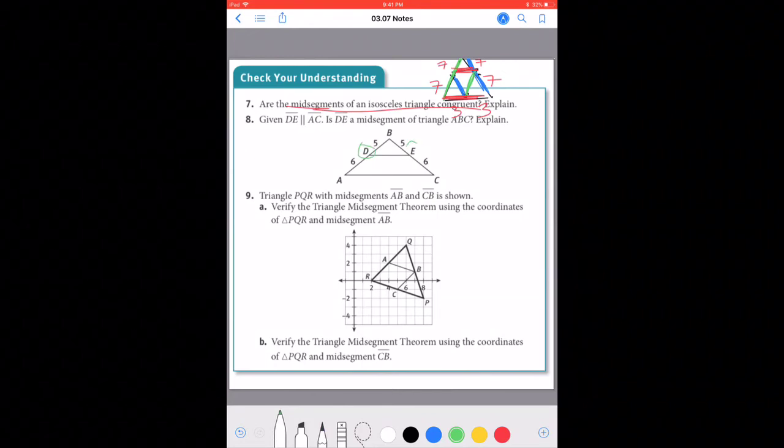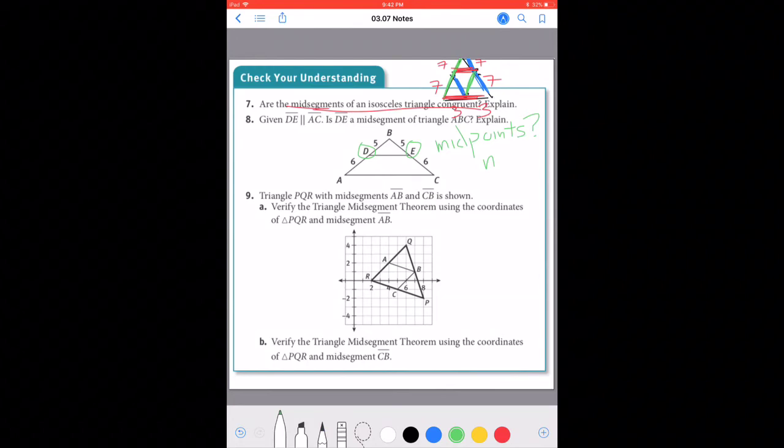for a definition of midsegment, what do D and E have to be? Right, D and E should be the midpoints. Are D and E the midpoints?